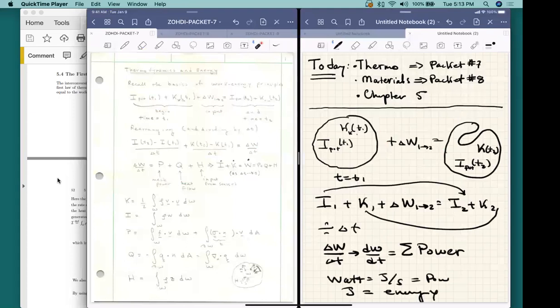So the equations get somewhat complicated because the details are hidden in the fact that each of the things in here, I, K, W, I2, K2, W2, are actually going to be relatively complex integrals that take into account all of the different possible entities that are going on within the control volume.